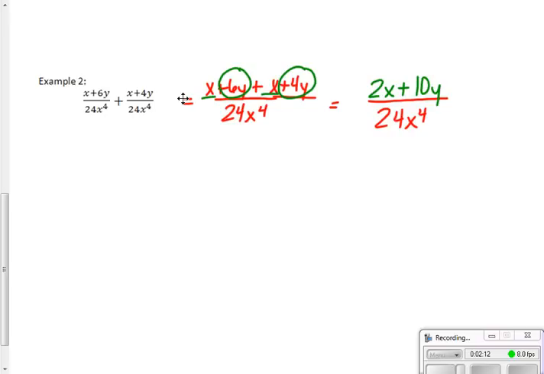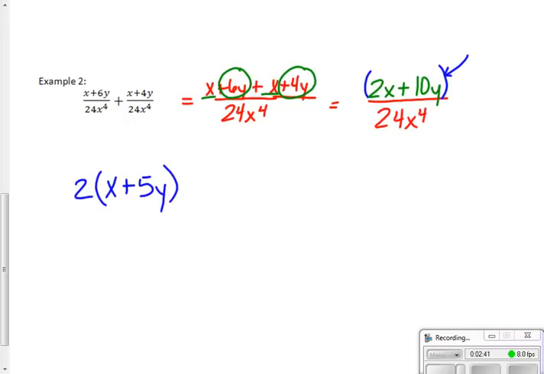Not finished still. Looks good, like everything would be solved and done. Only problem is, if you look at this expression up here, this is really a binomial. Well, that binomial, we can factor something out of it. Here's where, like, reducing, let's say you had an answer of 4/6. 4/6 would reduce to 2/3. So same concept here. I'm going to go ahead and factor out a 2. When I factor out a 2, I'm left with x plus 5y.